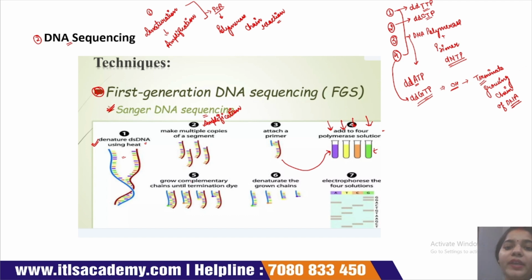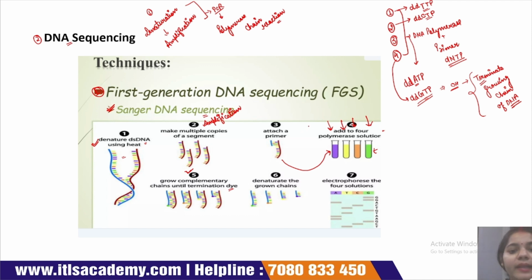Then we grow the complementary chain until the termination step. For the termination of the growing chain, these dideoxynucleotide triphosphates are responsible.